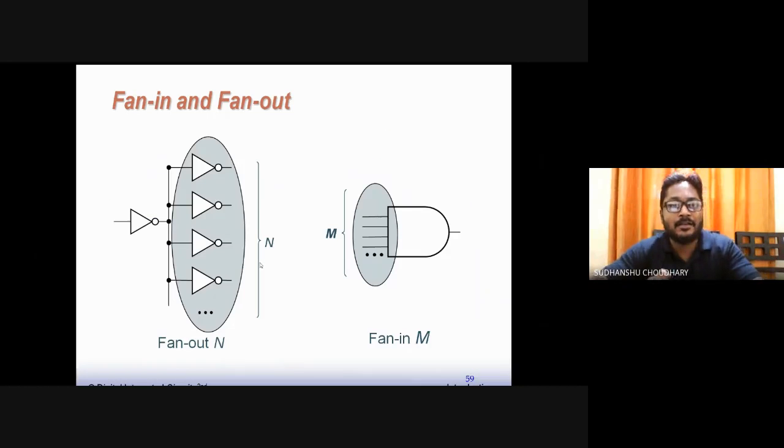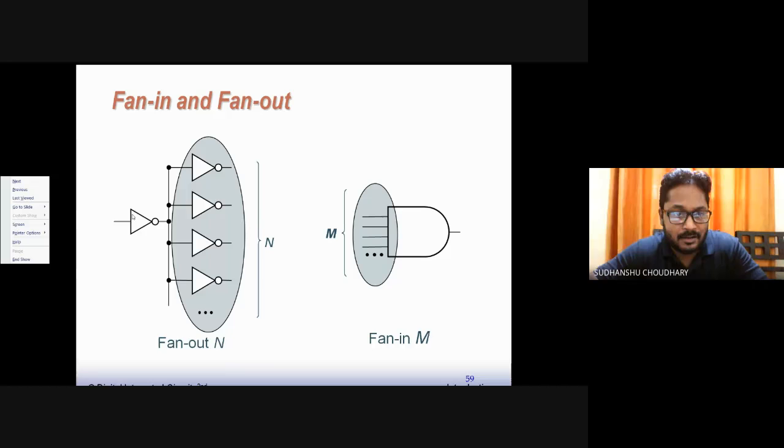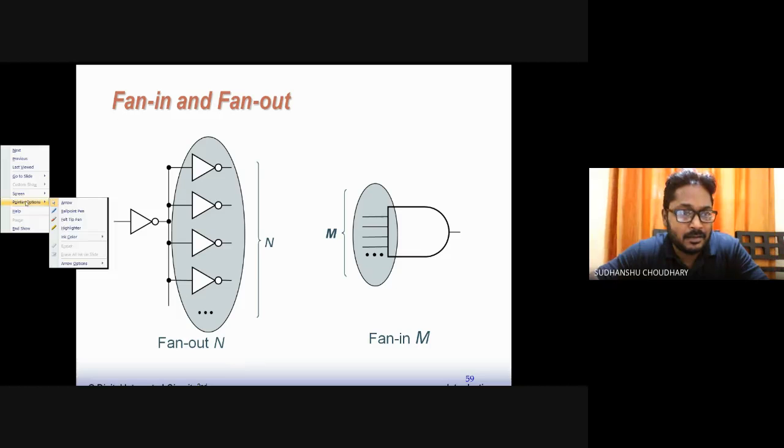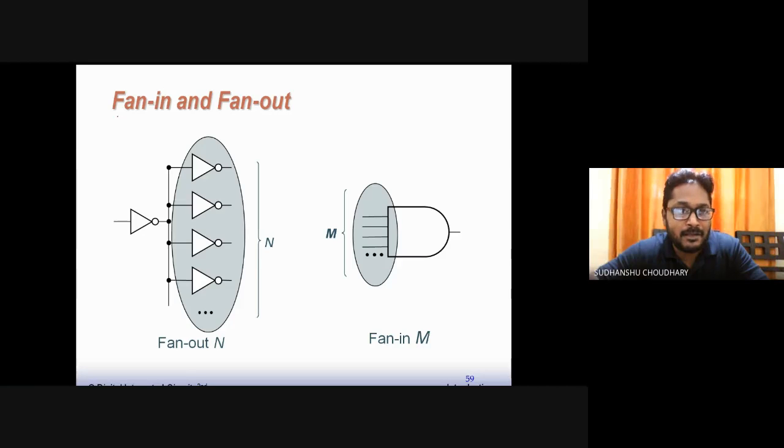Now let us talk about the fan in and fan out issues. Let's say that this is my driver gate, and this is driving these loads. So these are the loads to this driver gate. The fan in and fan out requirement says that the fan in of any gate should be large, and fan out should also be very large.